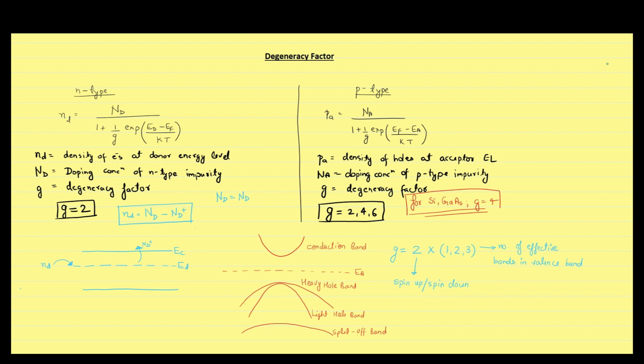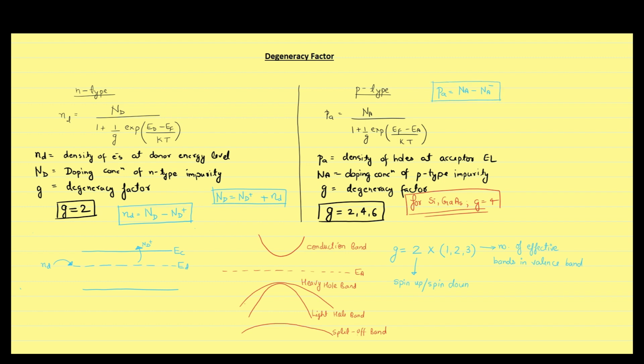So obviously doping concentration is equal to concentration of electrons in the conduction band plus concentration of electrons at the donor energy level, and after rearranging it we will get nd is equal to Nd minus Nd plus. Similarly, we can also write for p-type semiconductor, which is pa is equal to Na minus Na negative.